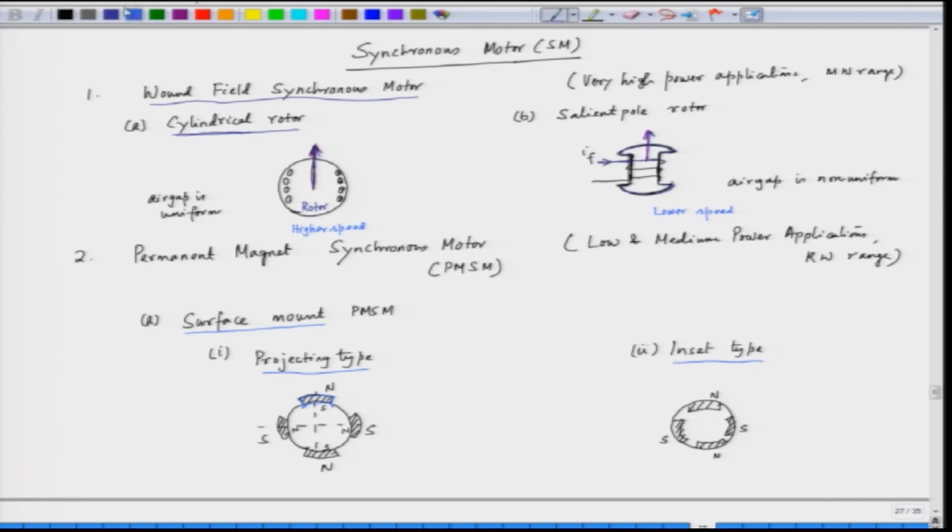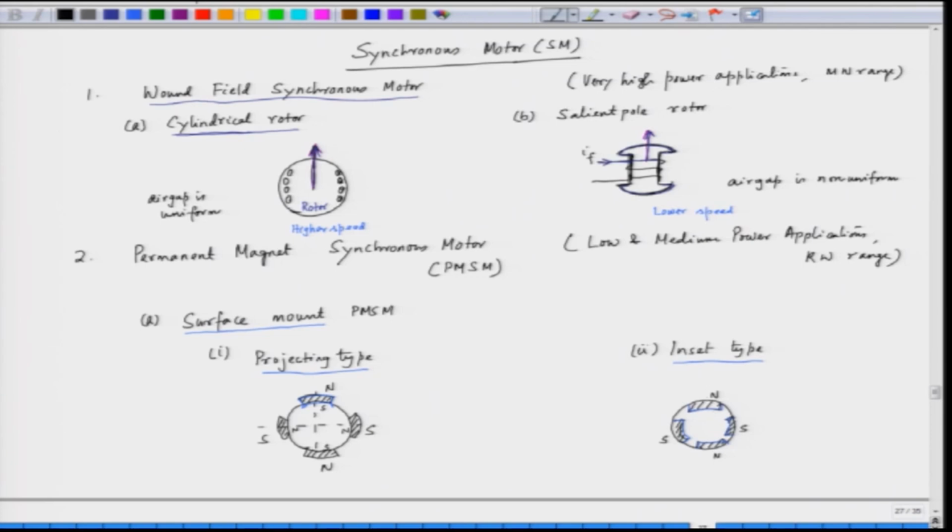And if we go for the inset type, the magnet is placed within the rotor, but it is on the surface. This can be used for a little higher speed, because the magnets are not protruding out. Similarly, when we have a permanent magnet, we have north pole and south pole.